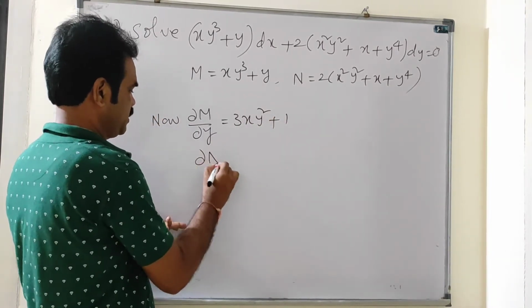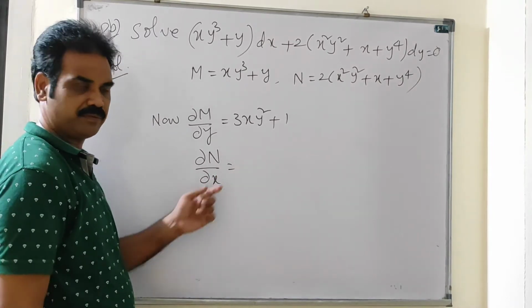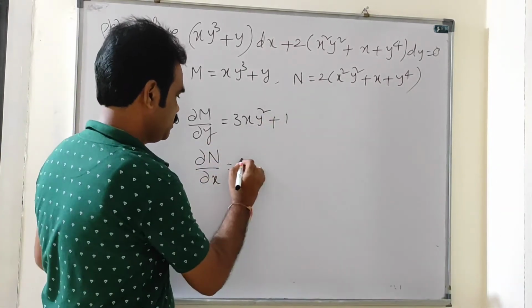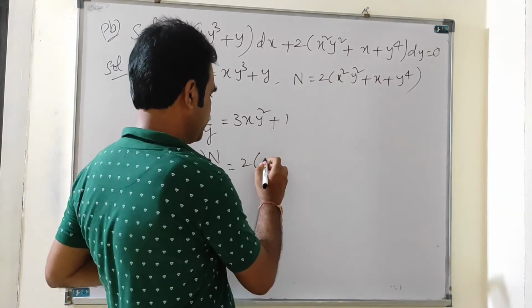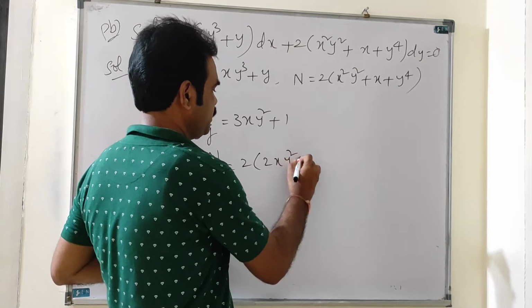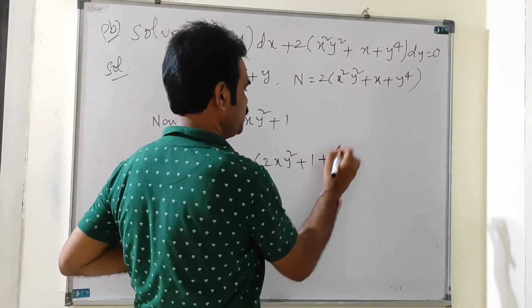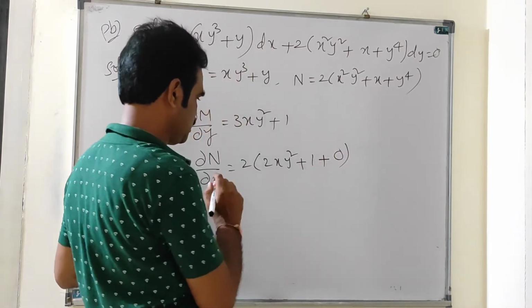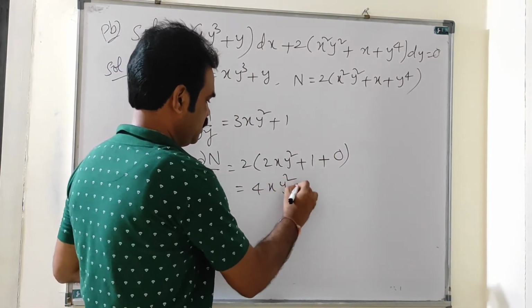Dou N by dou x, the partial derivative of N with respect to x treating y constant, is 4x y square plus 2, since y power 4 has derivative 0.